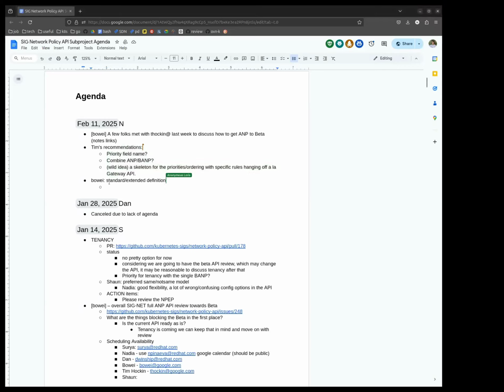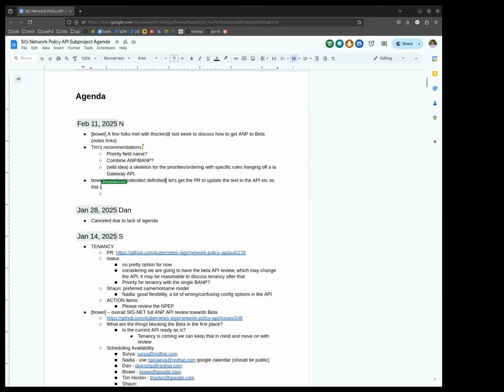The TLDR of that was that we actually decided that we don't need the extended part at that point, meaning that something is a part of the API which is stable but doesn't have to be implemented for implementations to be considered conformant.